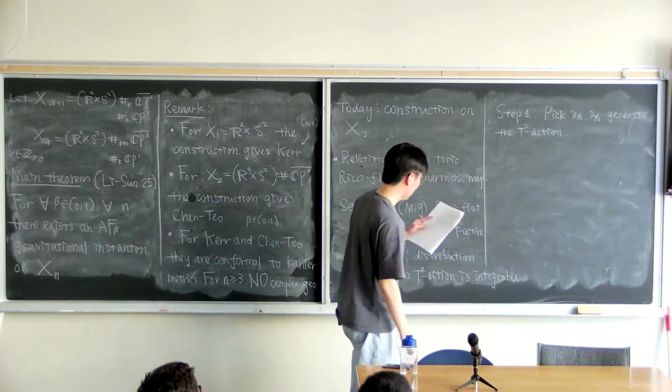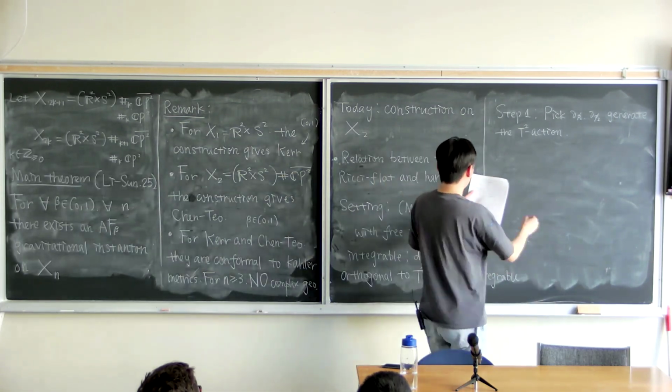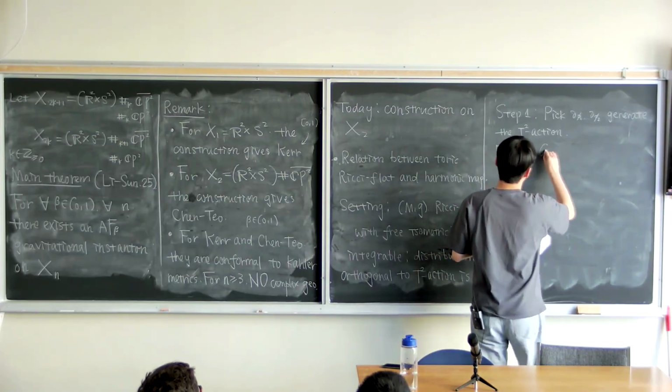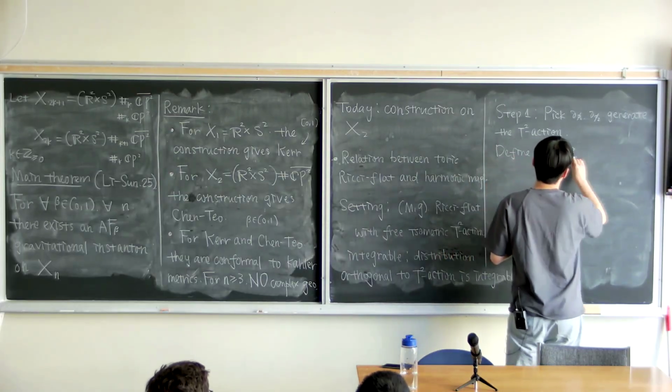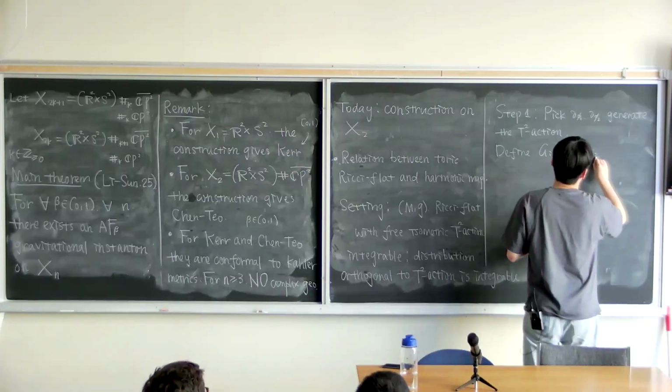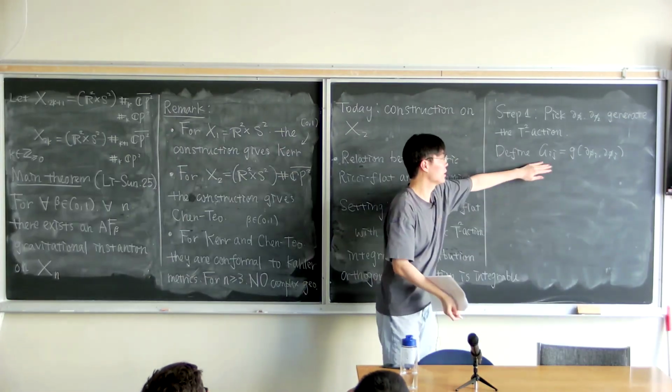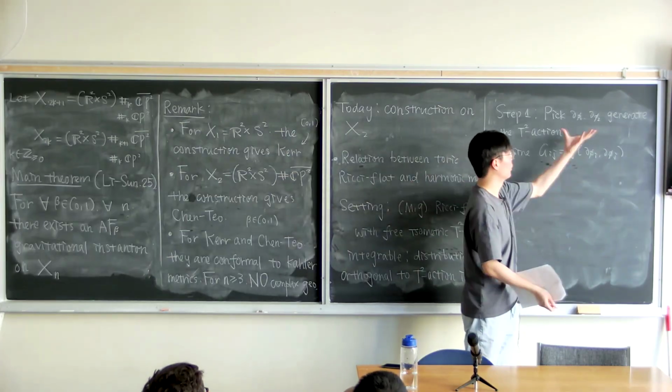Any 2 Killing fields work. And you define the matrix Gij to be the product of these 2 Killing fields. So I get a 2x2 matrix. It's just the metric on the torus.